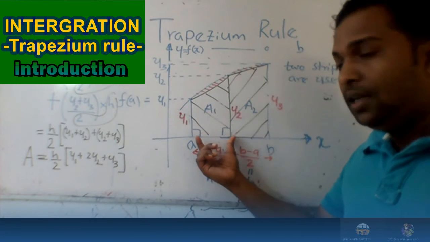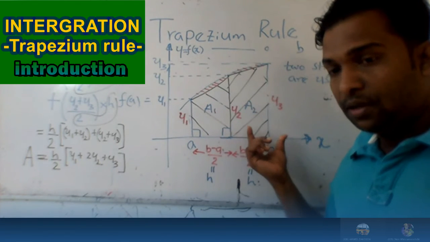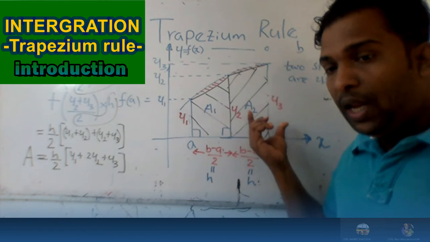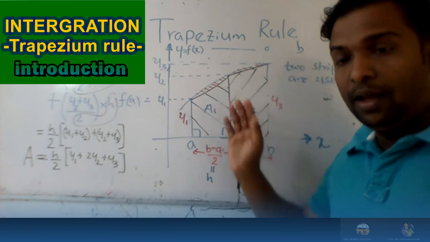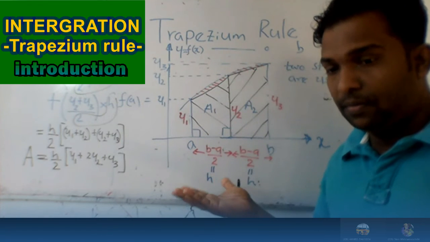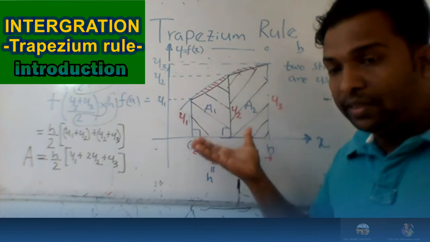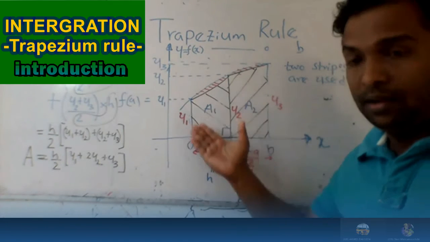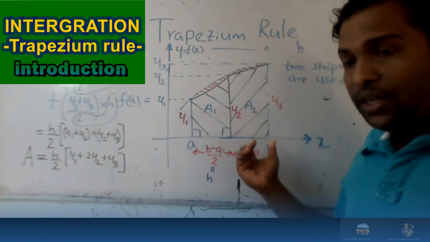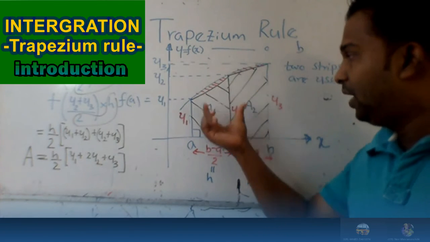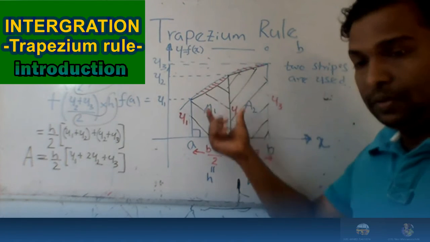If you increase the number of strips, what will happen is this red shaded area will be less. We are using this method to find the area of the graph, right? What we did was divide this into two strips.